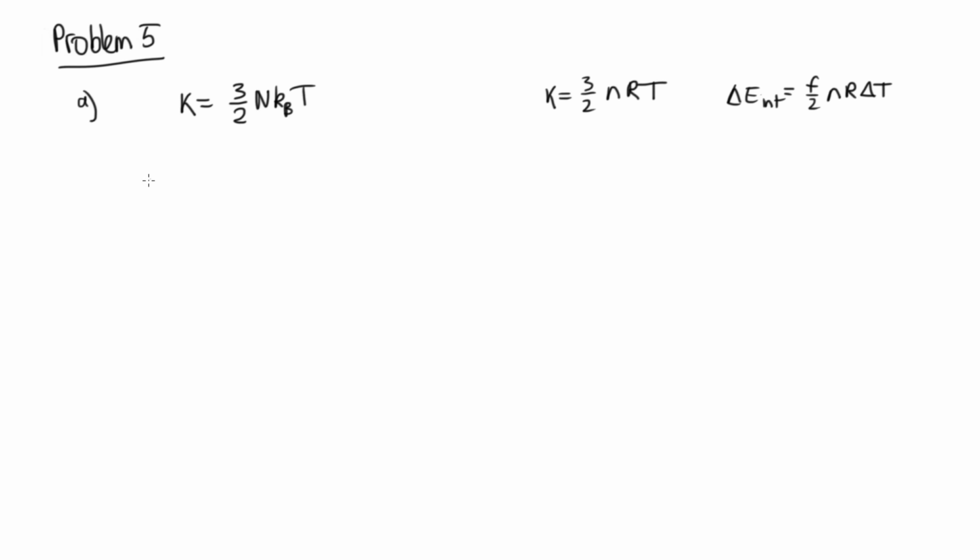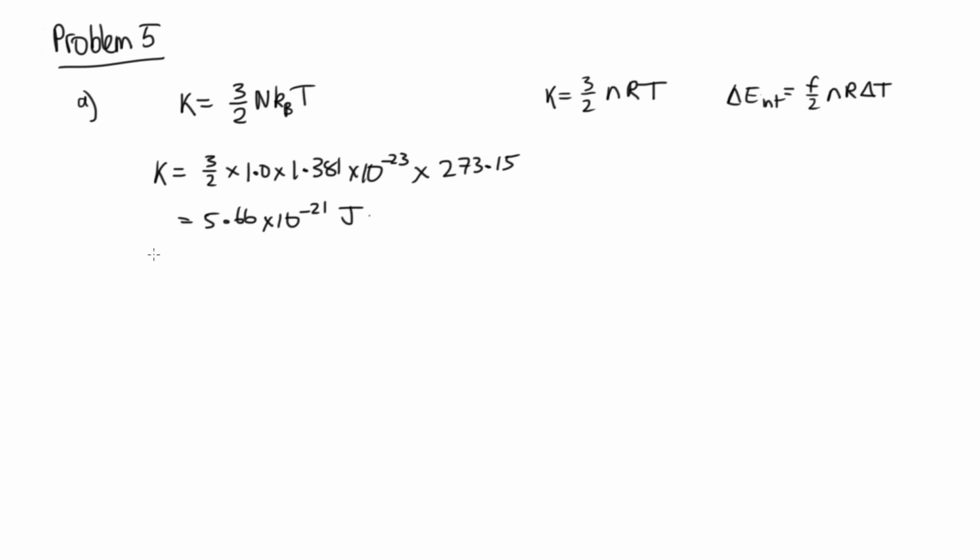Okay, so to do this one, at 0 degrees C, we've got 3 over 2 times 1 molecule times kB, that's equal to 1.381 times 10 to the minus 23, times the temperature, that's 0 degrees C, which is 273.15 kelvins. And so solving this, I end up with 5.66 times 10 to the minus 21 joules.